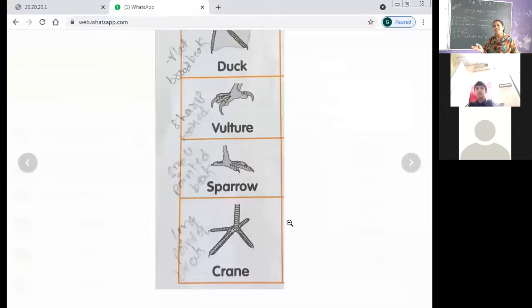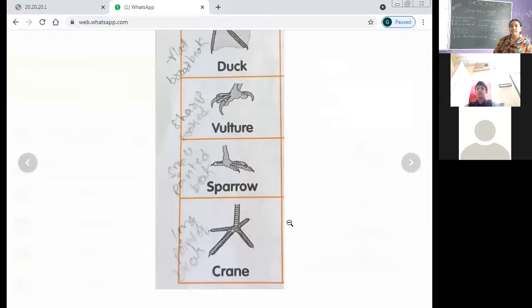What type of beak does the crane have? What we discussed yesterday: it is long, sharp, and somewhat curved at the edge.